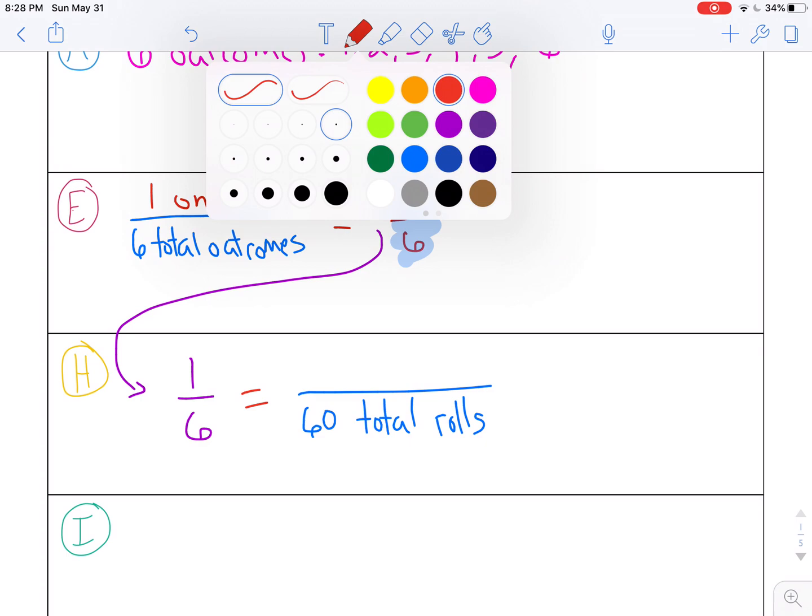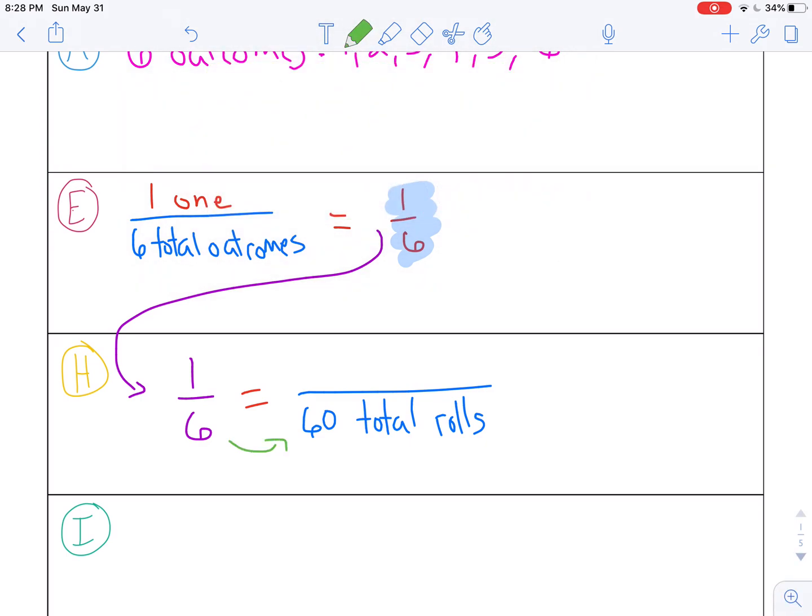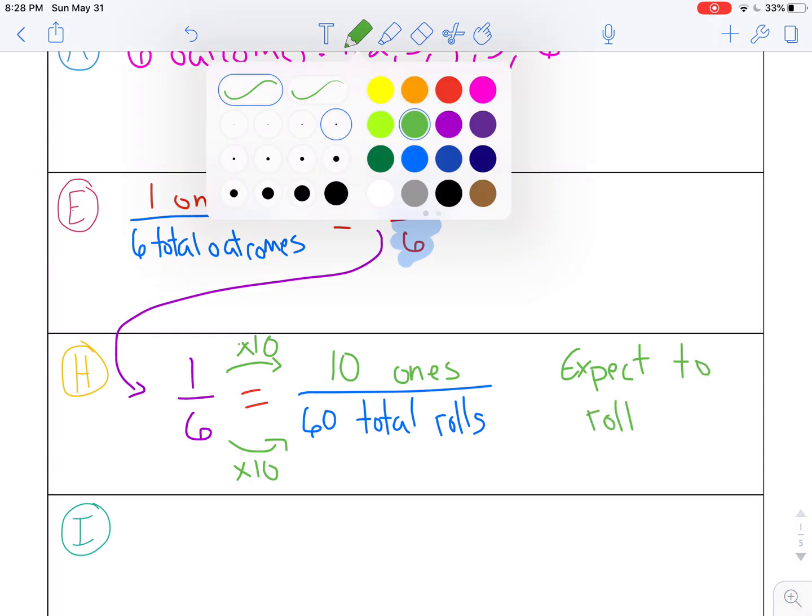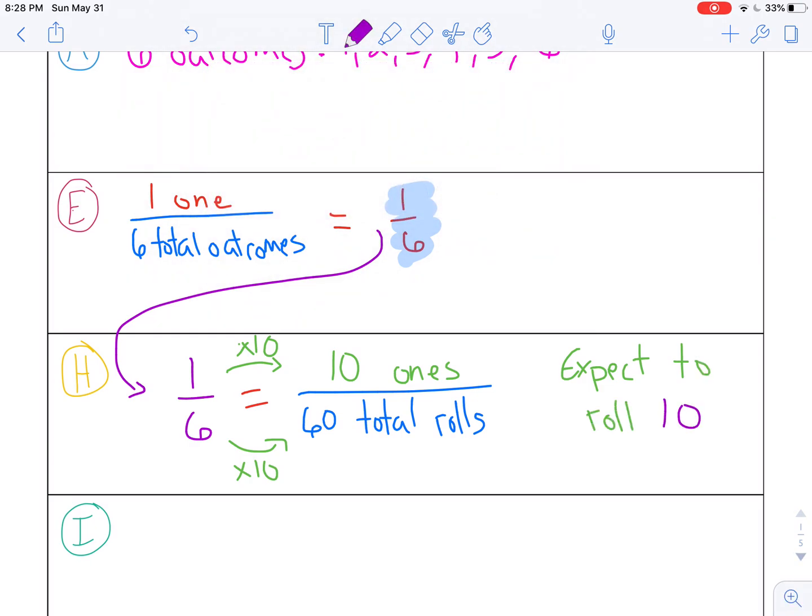So I went from 6 to 60 for my denominator, so that's times 10. So I have to do the same thing on the top. That's times 10. So 1 times 10 is 10. So this should be 10 1s. I expect to roll 10 1s.